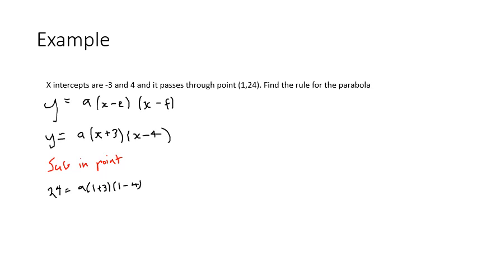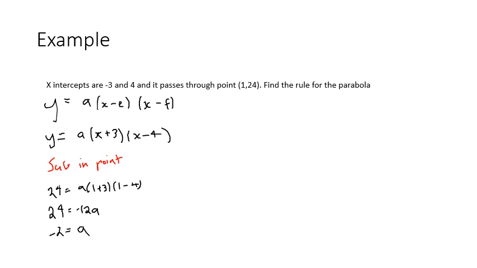And 4 times -3 is equal to -12, and -12 times a is equal to -12a. So we now know that 24 is equal to -12a. And now we want to divide each side by -12 so we can get a by itself. So 24 divided by -12 is -2, and so we know that -2 is equal to a.